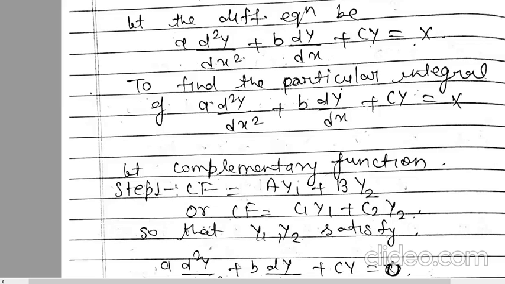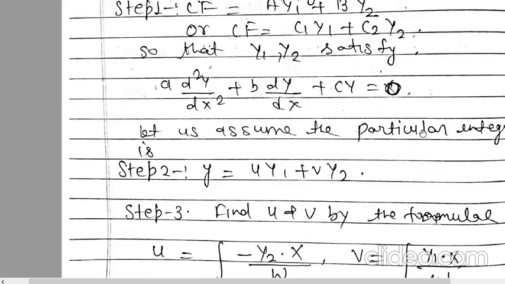Now let us assume that our particular integral is y is equal to uy1 plus vy2. Now our target is to find the values of u and v, and we will put the values of u and v here.